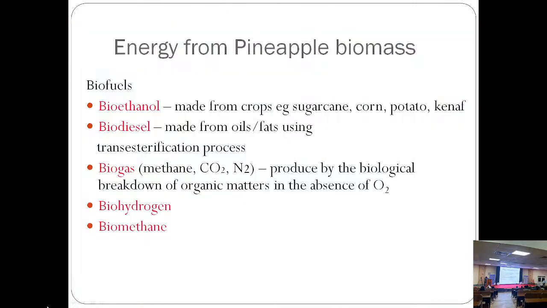As the sir has already told, some of these compounds have to be studied, and my lab has standardized the scope for producing such compounds from pineapple, especially biogas and biohydrogen.